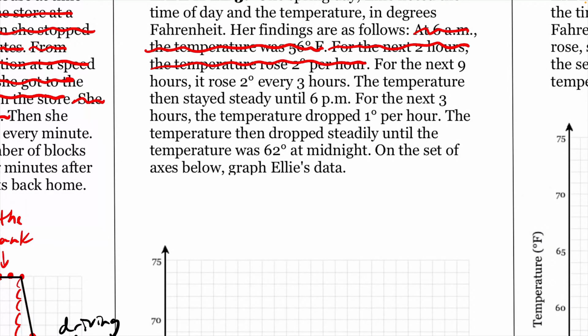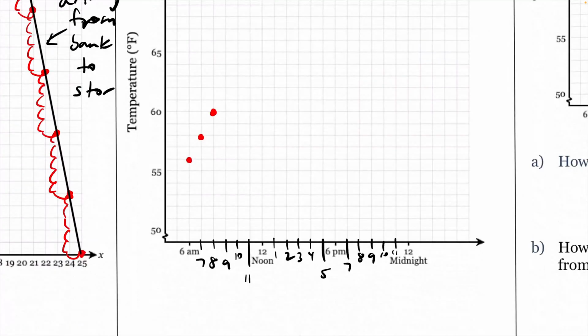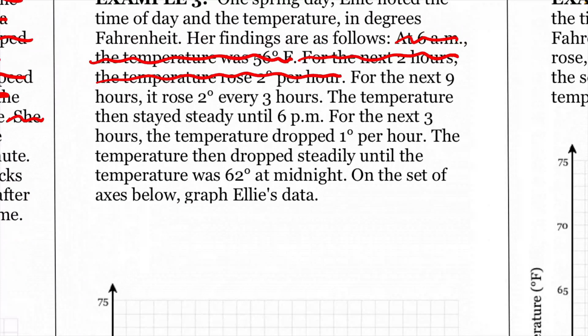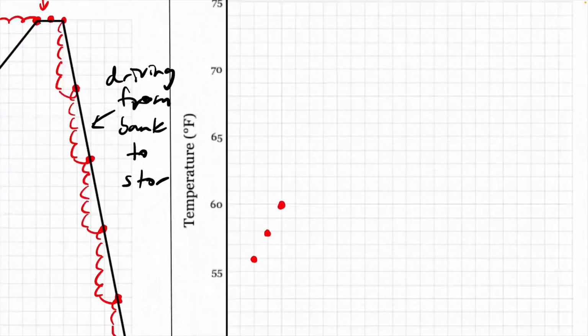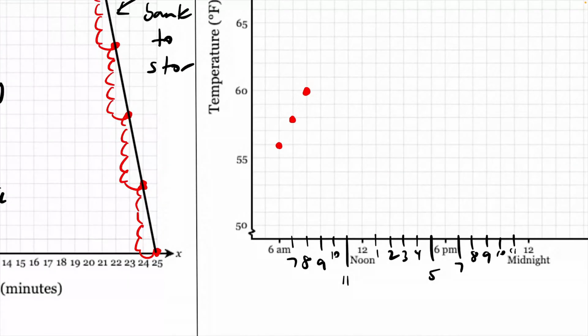For the next 9 hours, okay, so it's 9 o'clock right now, 9 a.m. 9 hours is 10, 11, 12, 1, 2, 3, 4, 5, 6, till 6 p.m. Did I do that right? 10, 11, 12, wait, what time is it? 8, 9, 10, 11, 12, 1, 2, 3, 4, 5.